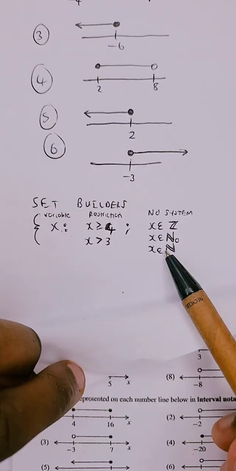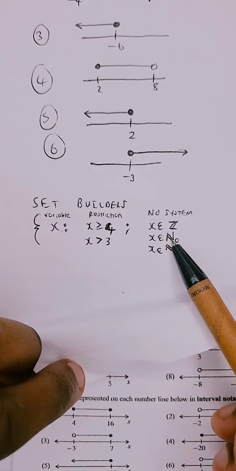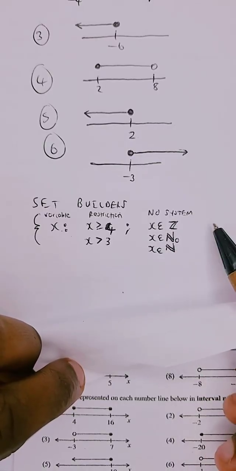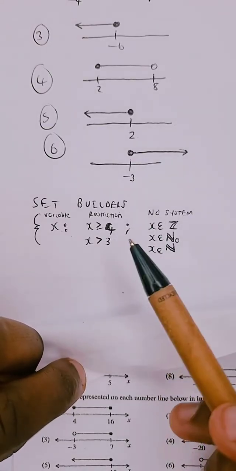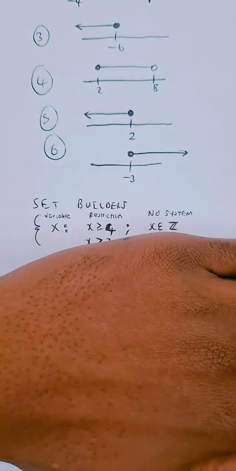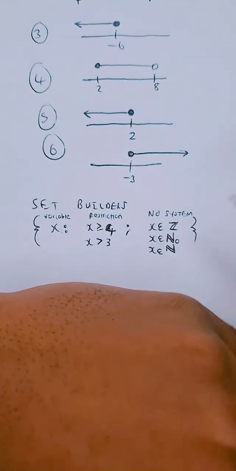Natural numbers start at 1 and increase by 1 to infinity. Whole numbers start at 0 and increase by 1 to infinity. Integers have whole numbers that are positive, then you have your negative numbers, negative 1, negative 2, negative 3, all the way to infinity as you decrease by 1. So I'm saying that you could write your answer just simply as that alone, okay, with the curly bracket at the end.